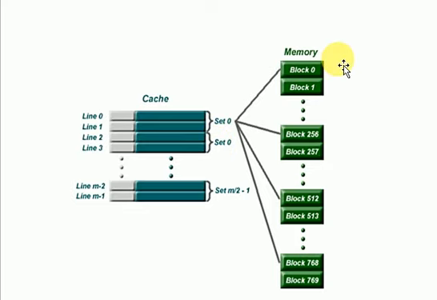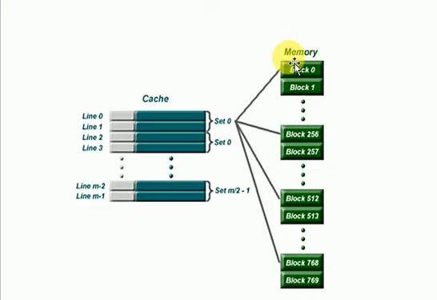For example, they have grouped two lines together to form a single set. This is a midway between direct mapping and fully associative mapping. It follows direct mapping in the sense that I can place only block 0, block 256, block 512 and block 768 in this particular set, not in any of the other sets even if they are empty. So this follows direct mapping.